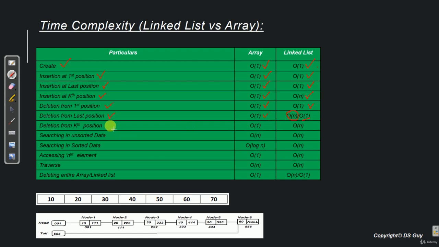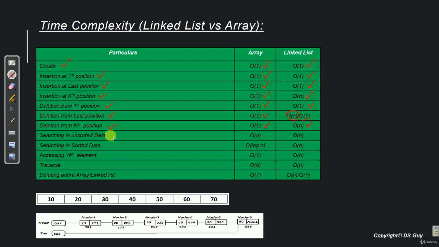Now deletion from a kth position will always take a constant time in case of an array, because we can directly reach the cell number. But in case of a linked list, it will be order of n time, because we have to start a loop from first and go till the location at which we want to delete the node.